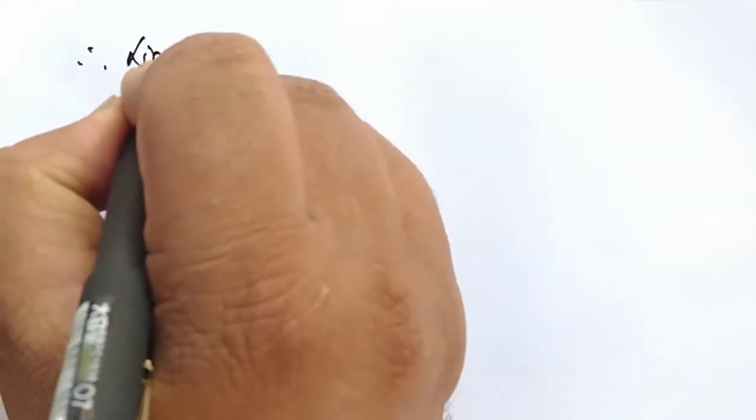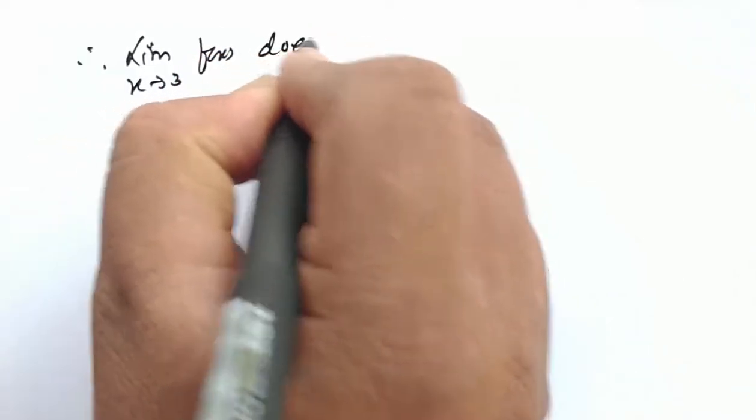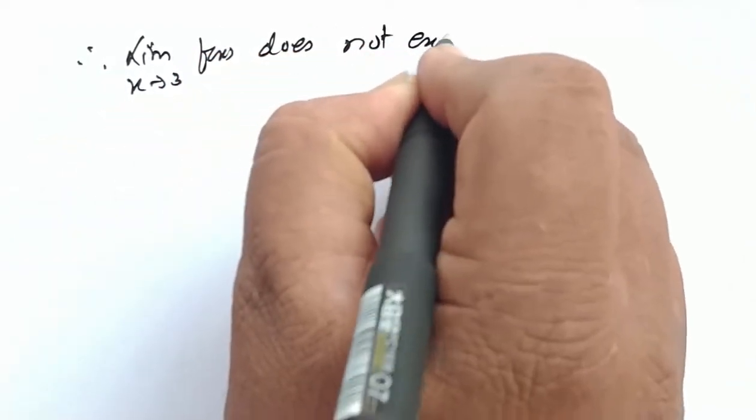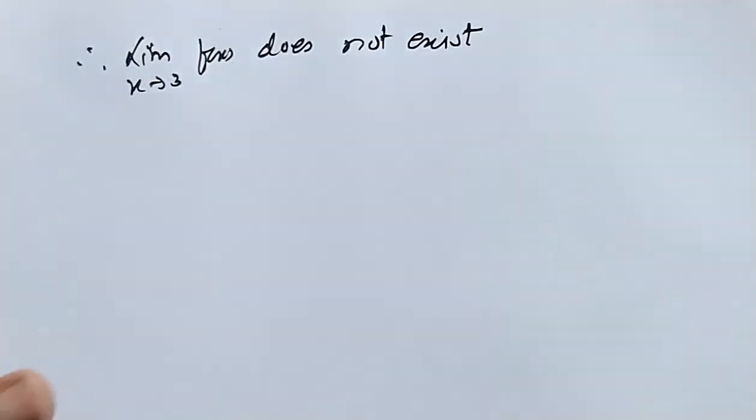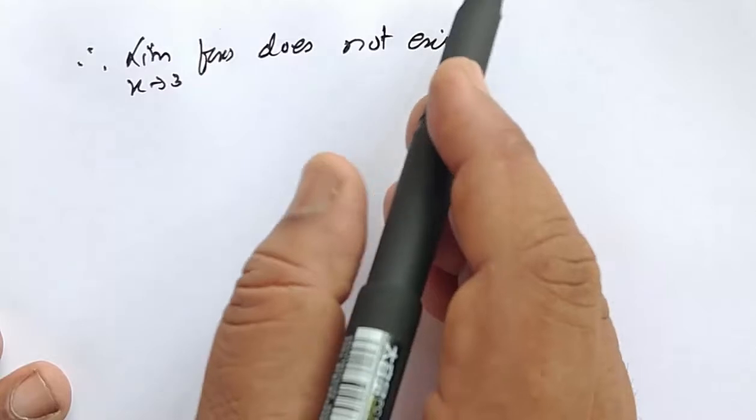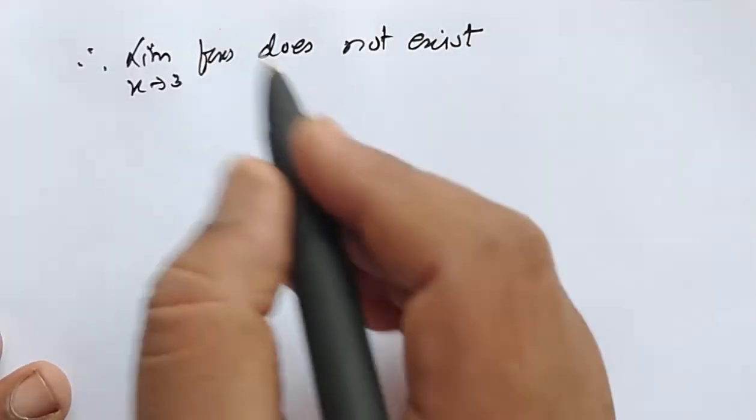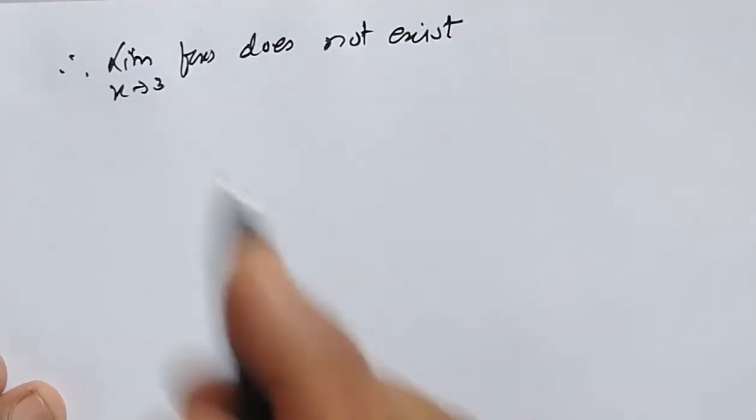Therefore, limit x tends to 3 f of x does not exist. It means that the function has jump discontinuity or removable discontinuity.